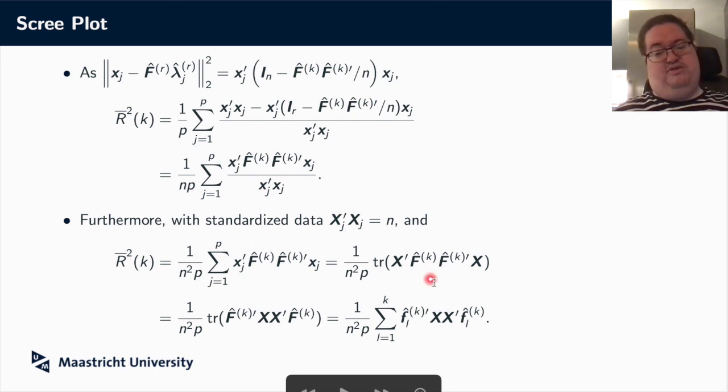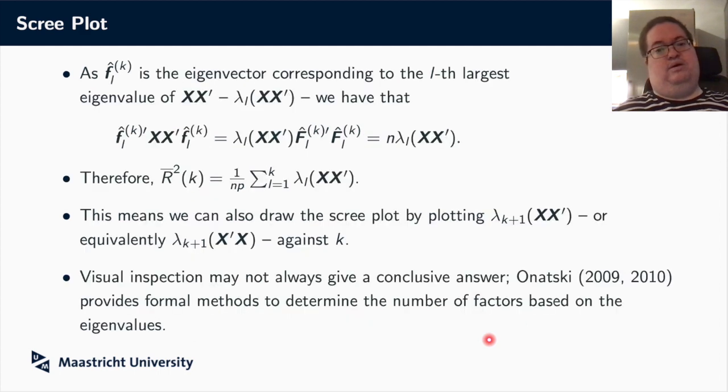And we know for the trace that the trace of A times B is the same as the trace of B times A. So we can swap the matrices around, exactly like we did when we derived the principal components estimator. And then realize that the trace is nothing more than the sum of the diagonal elements. So we've done the same argument as before, exactly the same. And so you already see the similarities that we end up with compared to what we did when we derived the principal components estimator. Well then, that's the final step.